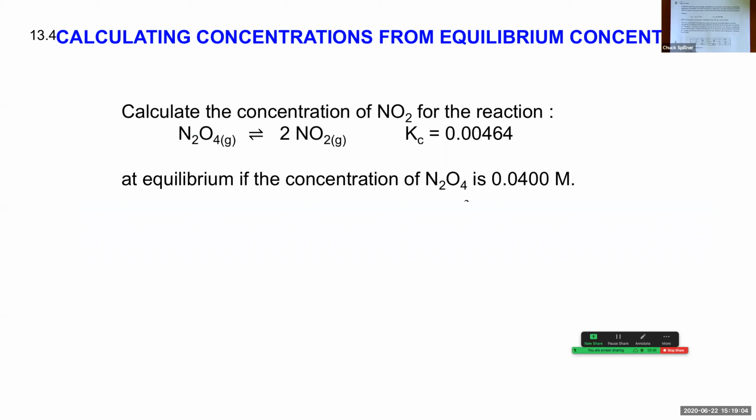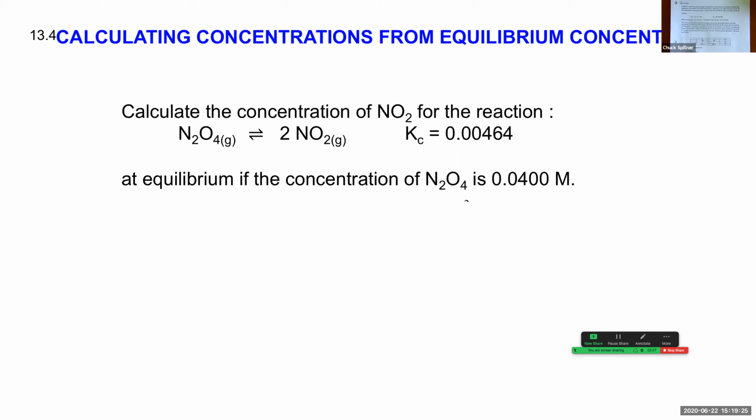So let's look at calculating concentration from equilibrium concentration. Here's a reaction. This is a pretty familiar one by now, N2O4 going into 2NO2 with an equilibrium constant equal to 0.00464.